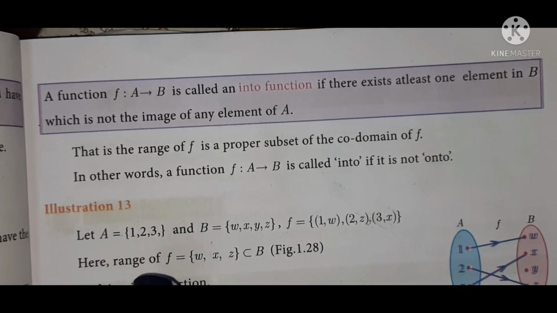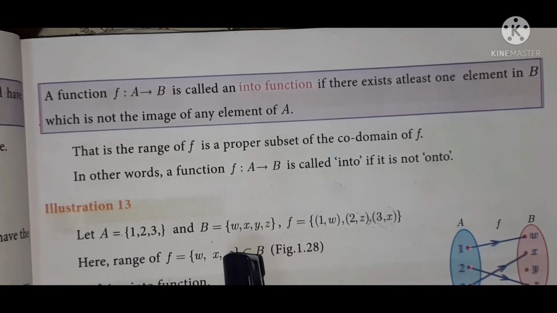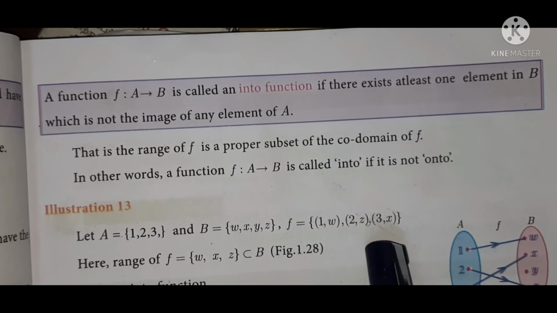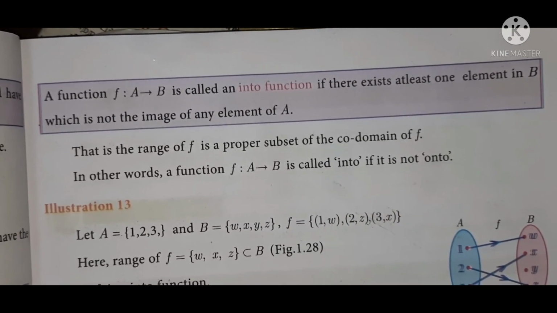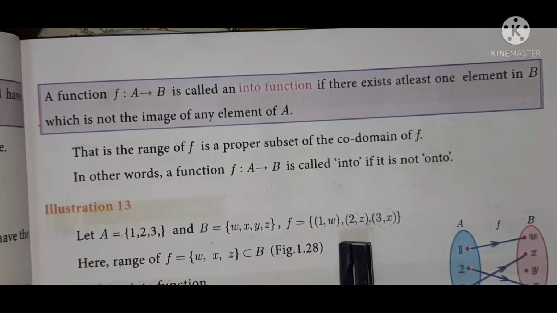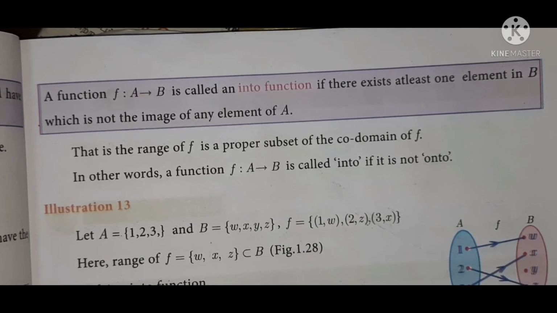A is a set having elements 1, 2, 3. Set B is a set having elements w, x, y, z. Function (1,w), (2,z), (3,x). Here there are 4 elements, but only 3 ordered pairs, and y is left out. y is not an image of any element.